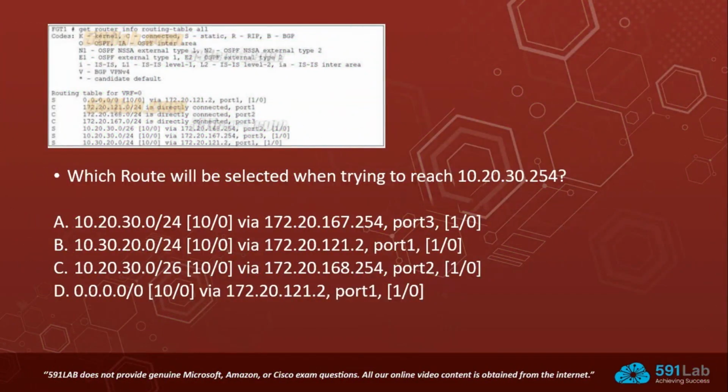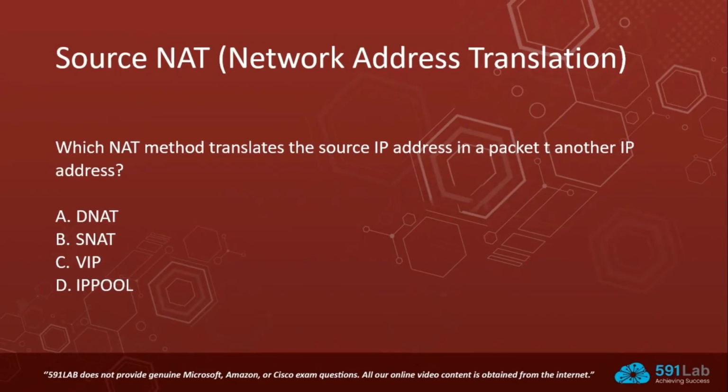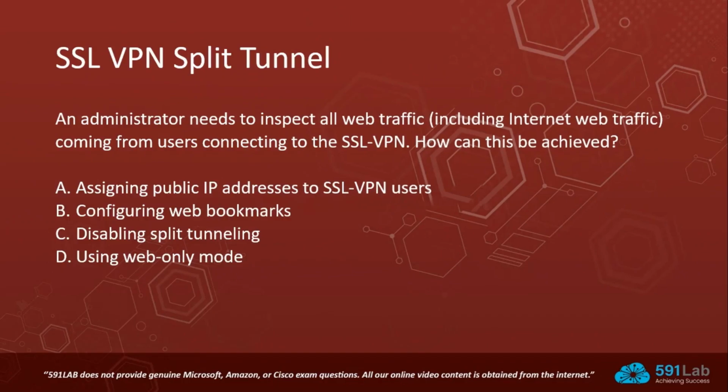Okay, let's go to the first question. Refer to the exhibit. Which route will be selected when trying to reach 10.20.30.254? Okay, let's find out the correct answer. Okay, let's go to the next question. Which NAT methods translate the source IP addresses in a packet to another IP address? Okay, let's go to question number 3.